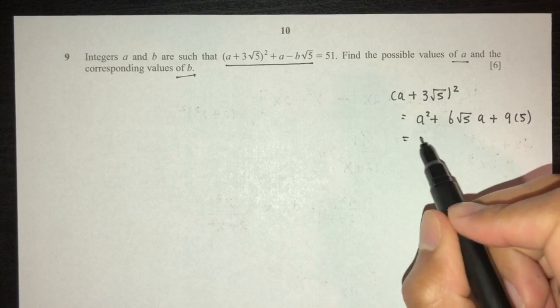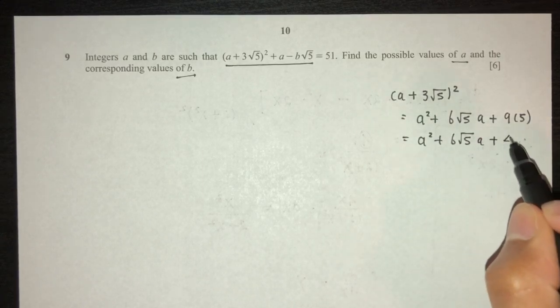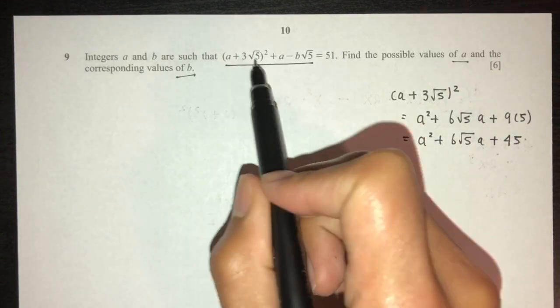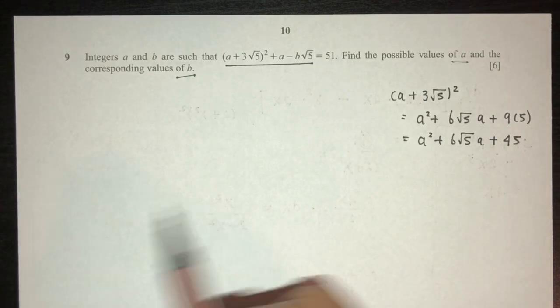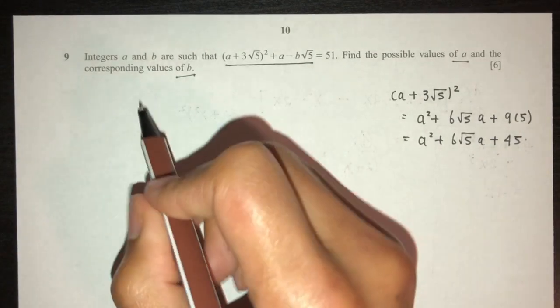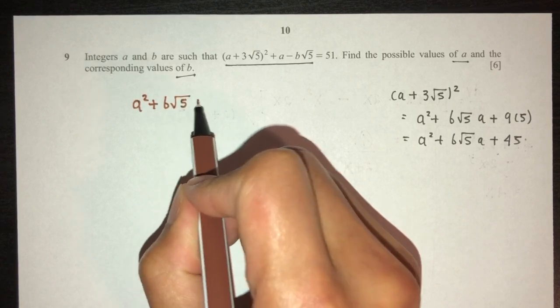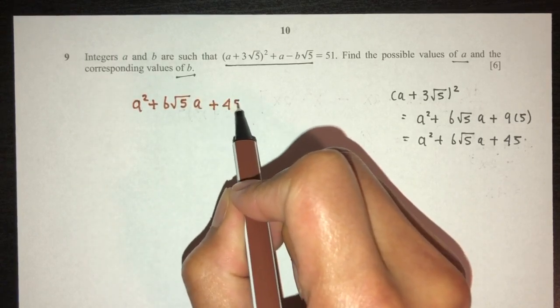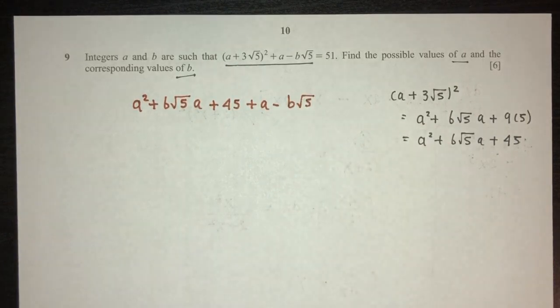That is a squared plus 6 root 5 a plus 45. That is this one. Now let's simplify. Let's bring this back into the main equation. You will have a squared plus 6 root 5 a plus 45 plus a minus b root 5.